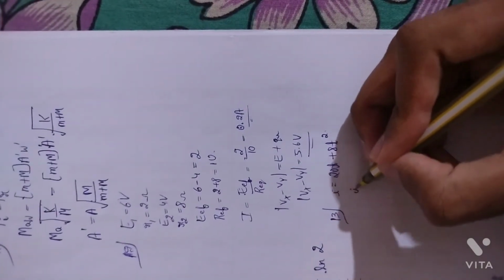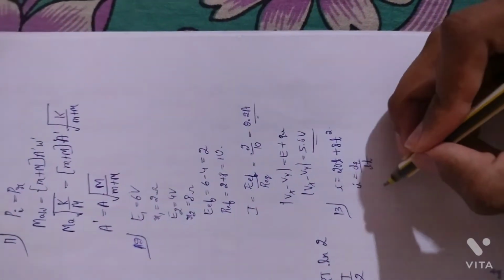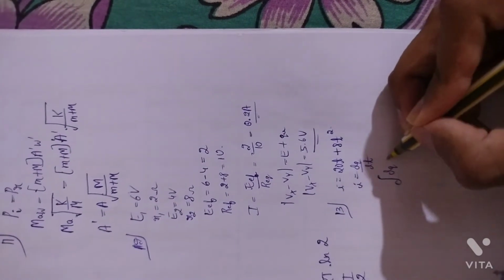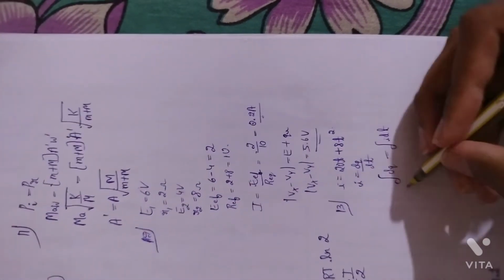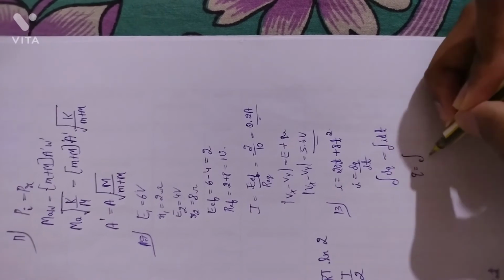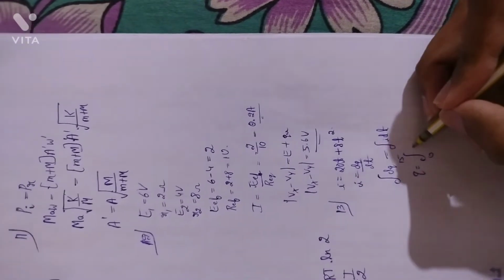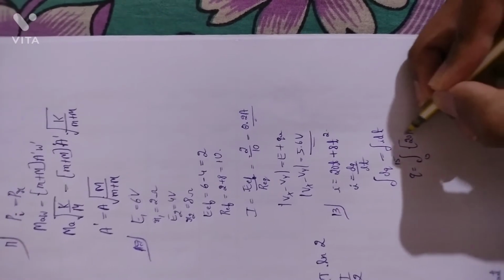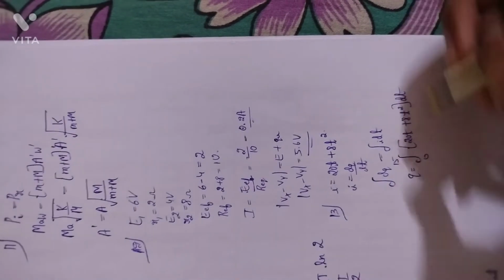I is equal to dq by dt, so we have to take integration. dq is equal to integration of I dt. So q is equal to integration from 0 to 15, since in the question they have given 15 seconds, of 20t plus 8t square dt.